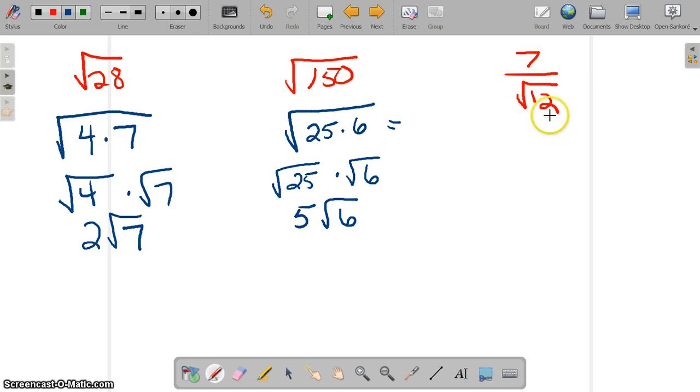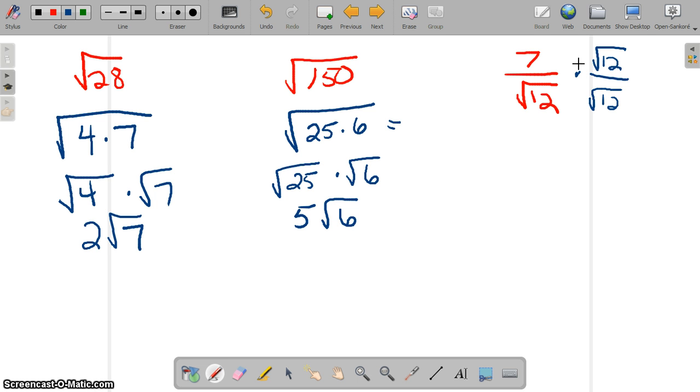Right here, to do this, we have to rationalize the denominator, and what that means is get the radical out of the denominator to put it in the proper format to work with. So to get rid of that radical, what you do is you multiply the numerator and the denominator by the radical.